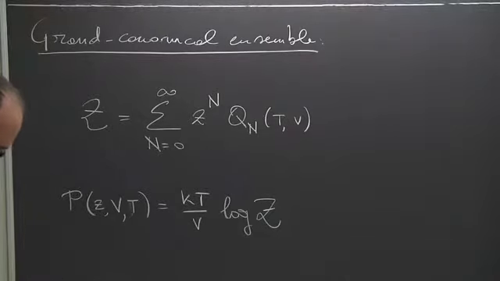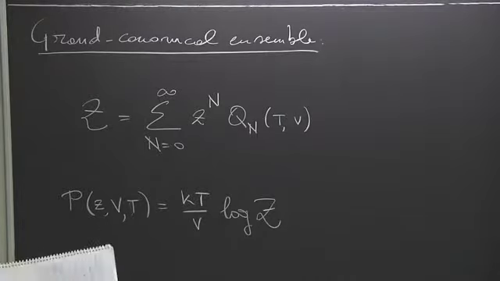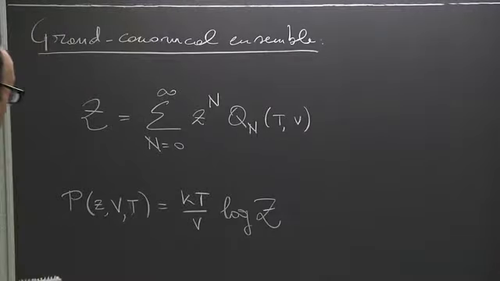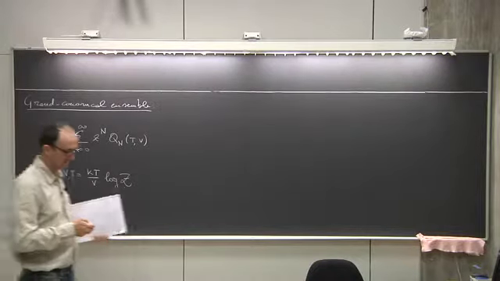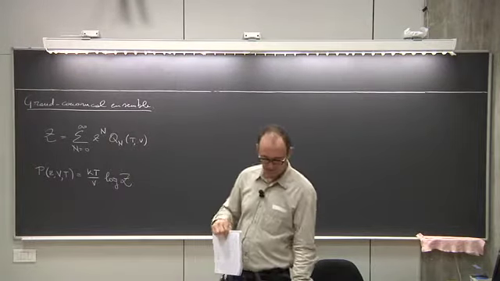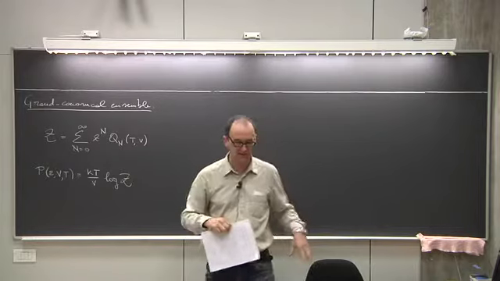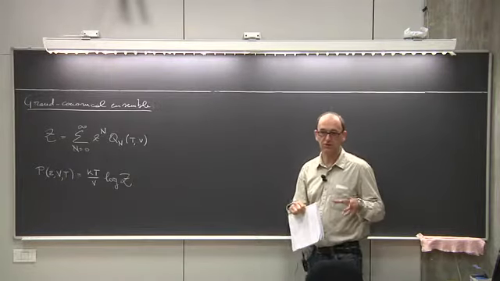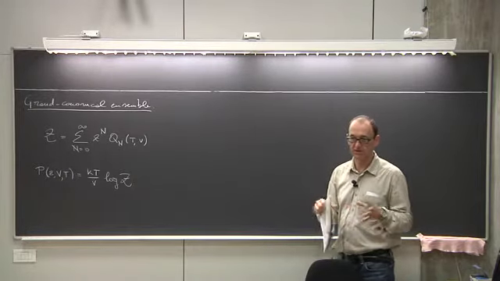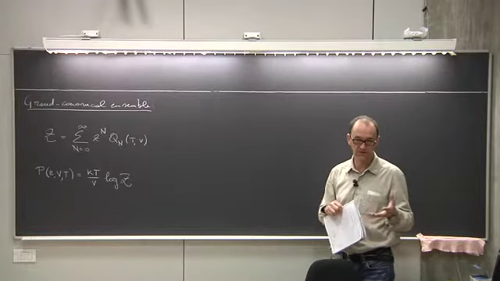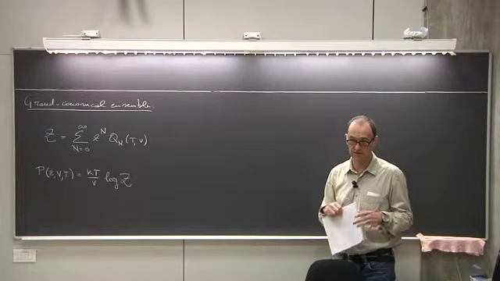What I want to do today is to show you that this description is particularly useful to describe phase transitions. We are going to do that using a very simple and stylized model of a situation where you have a solid and a vapor in coexistence.